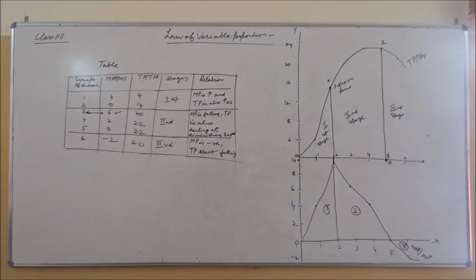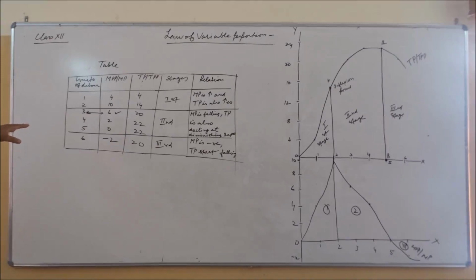My dear student, according to the table and diagram, in the beginning when 1 unit of labor is employed, MP is 4 units and TP is also 4.